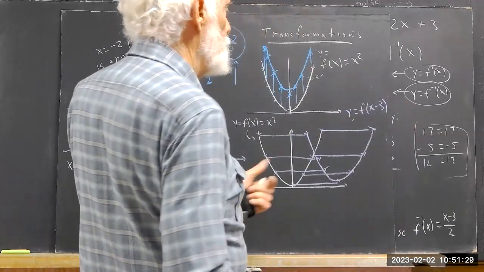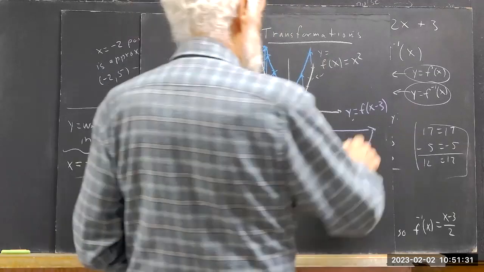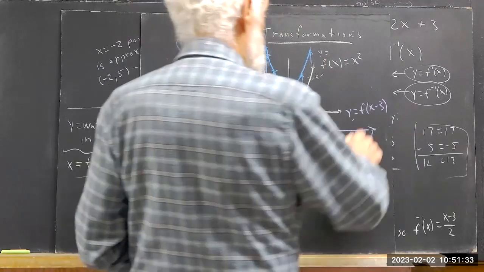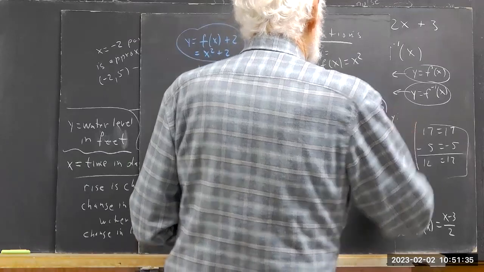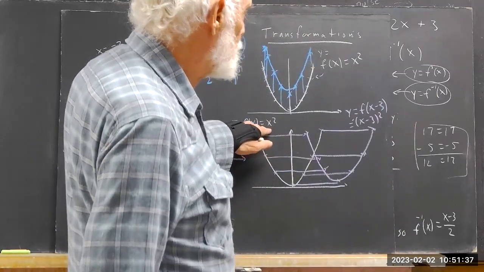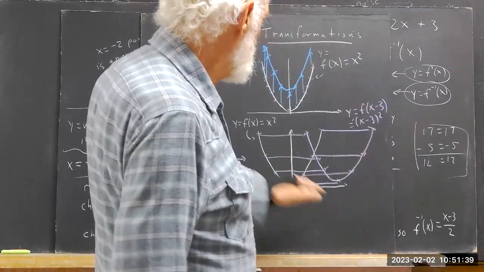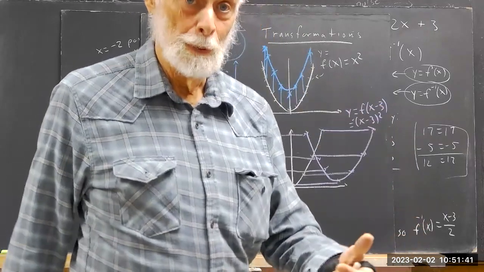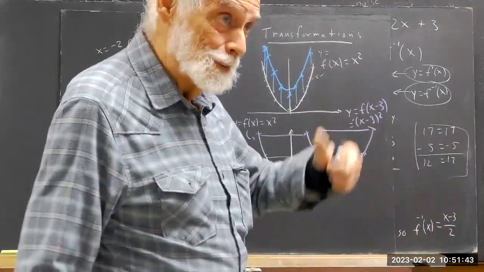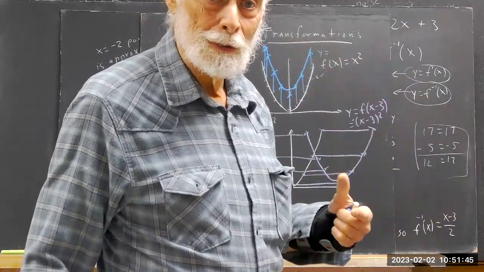It's y equals f of x minus 3. And of course, if f of x is x squared, f of x minus 3 is x minus 3 squared. Okay, that should be starting to make sense to you.